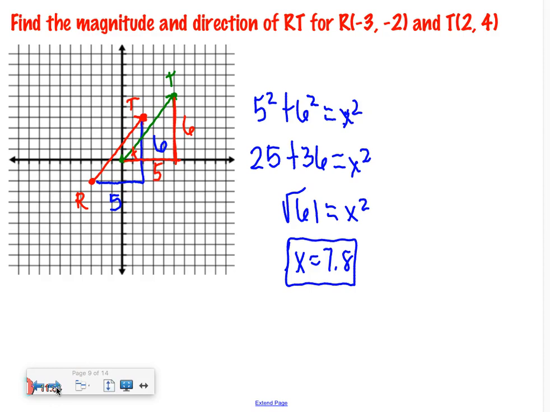What's 6 with respect to x? Opposite, and what's 5? Adjacent. So what trig function uses opposite adjacent? Tangent. Tangent of x equals 6 over 5. And to find angles, remember to use the inverse functions.